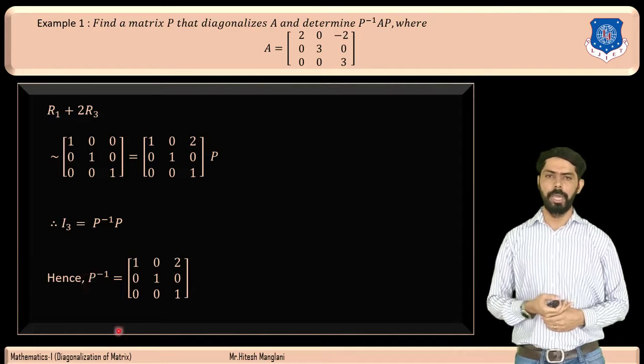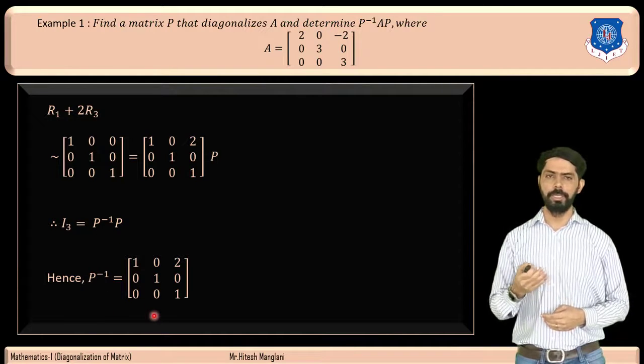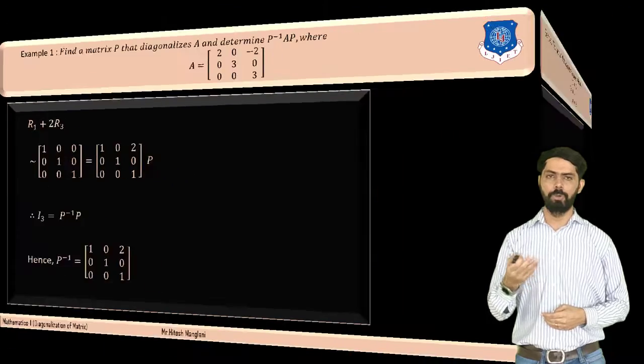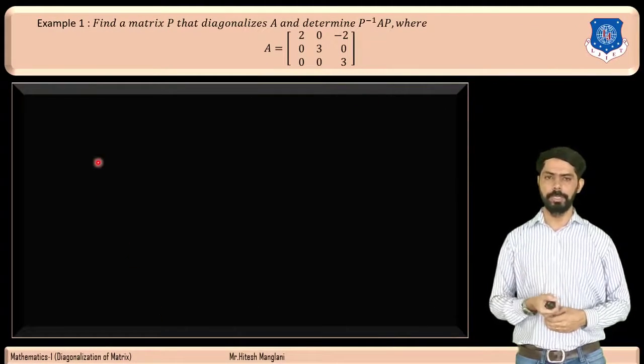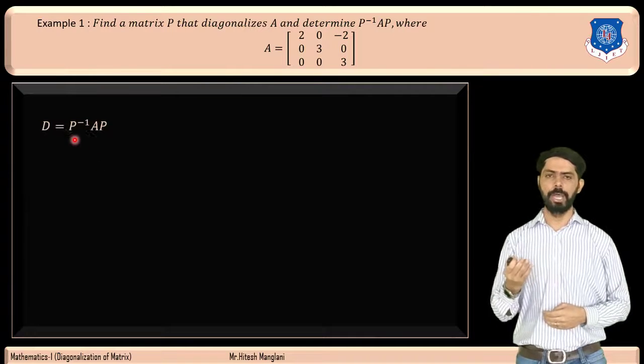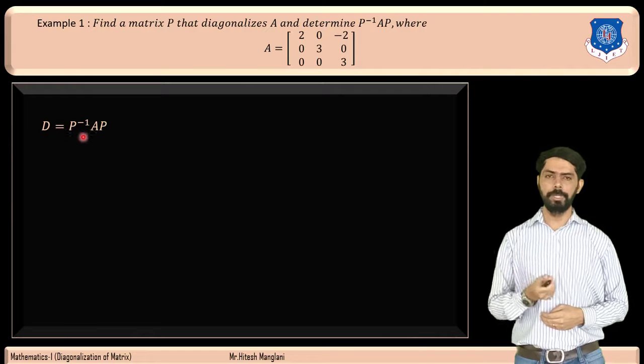Now, as we have to find the matrix P that diagonalizes A, we have already found matrix P, and we also have to find P inverse AP, which is called the diagonal matrix. So the diagonal matrix D is given by P inverse AP.